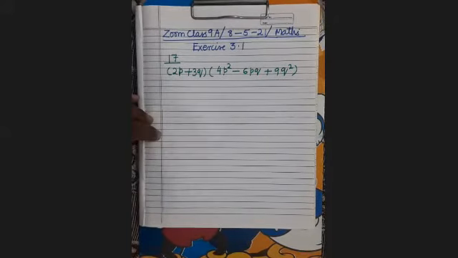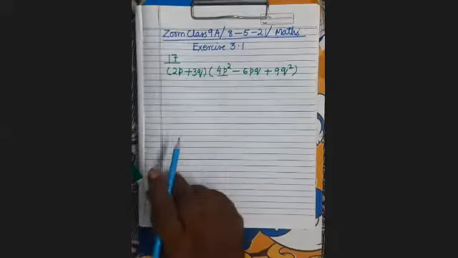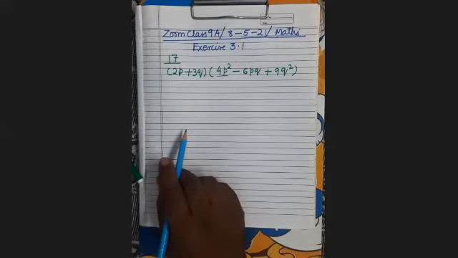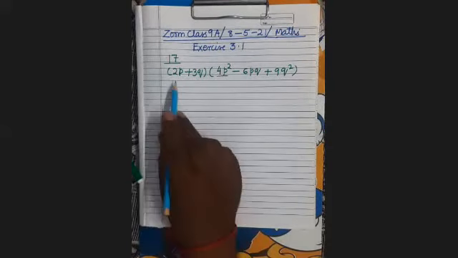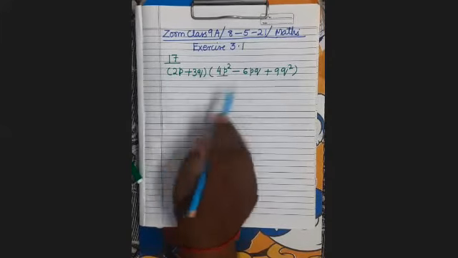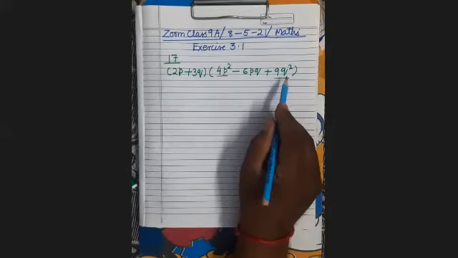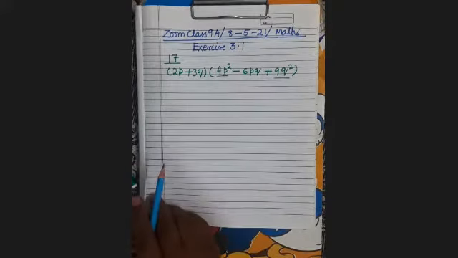If you see this carefully, what will you find? You will find that 4p square, this is the whole square of what? It is the whole square of 2p. And 9q square, it is the whole square of 3q.